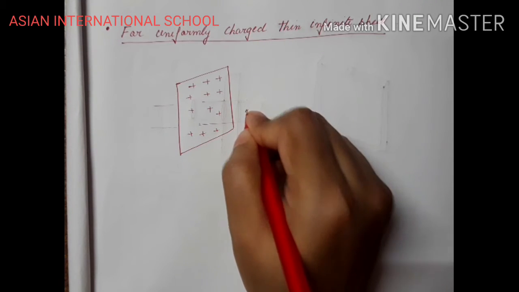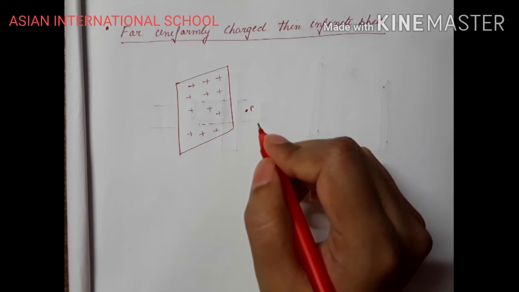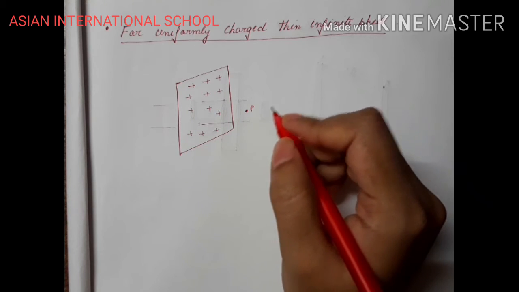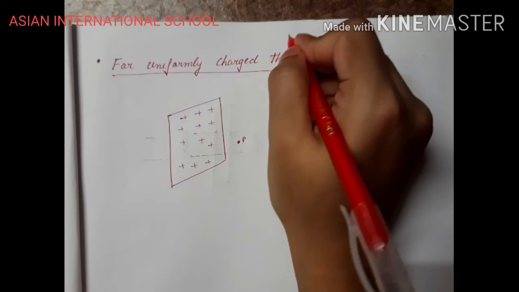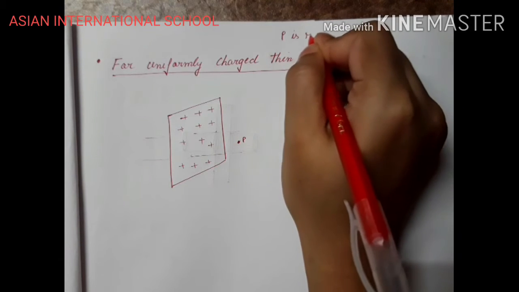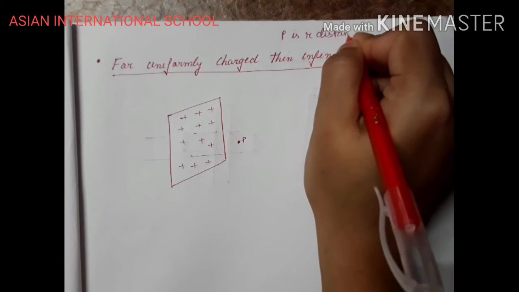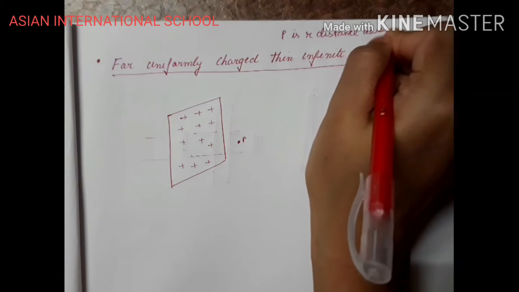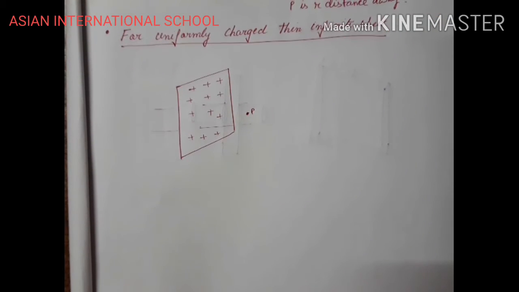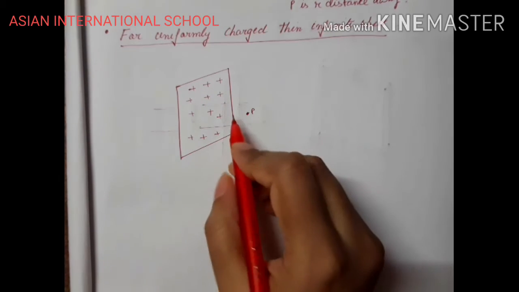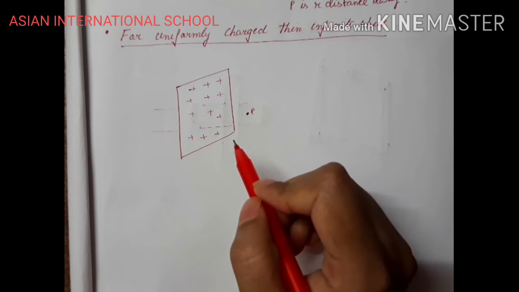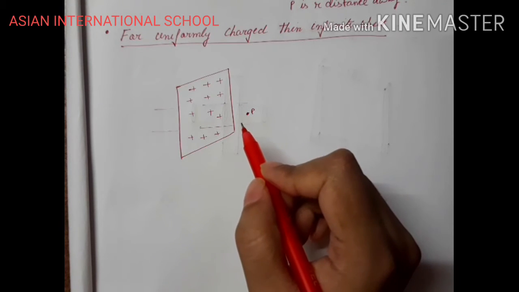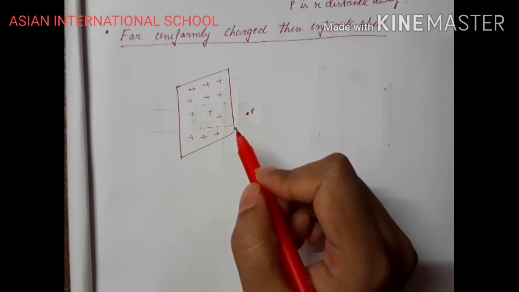Suppose here we need to calculate the electric field at point P, which is r distance away. Right? So we have to calculate electric field for this case. Then what needs to be done? Here we will be taking a cylindrical surface as our Gaussian surface.